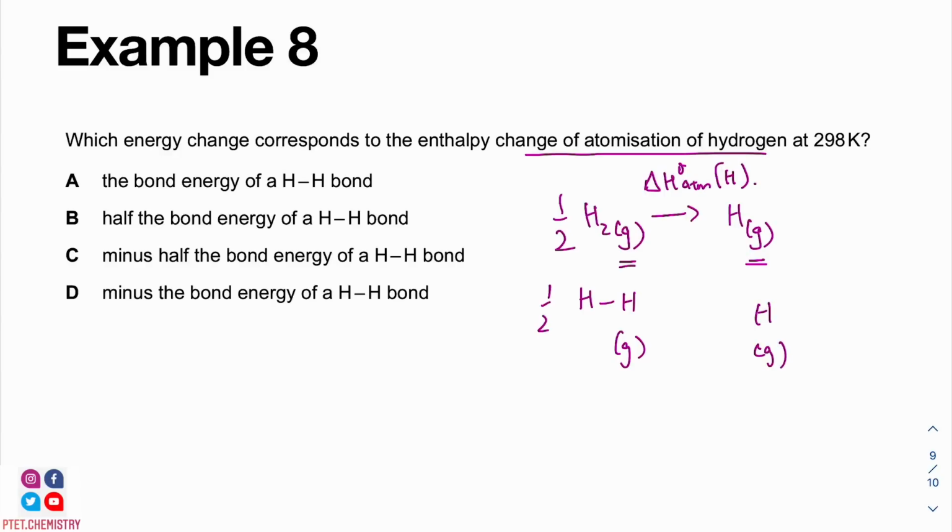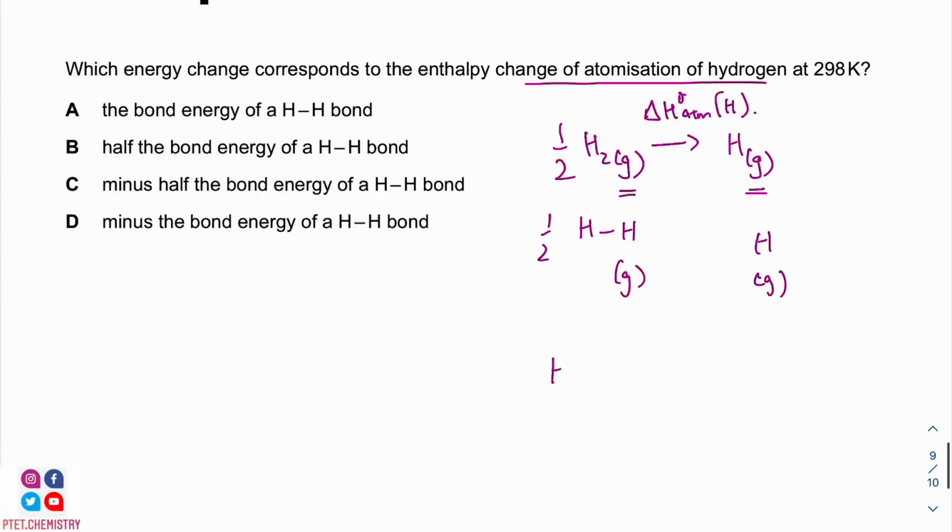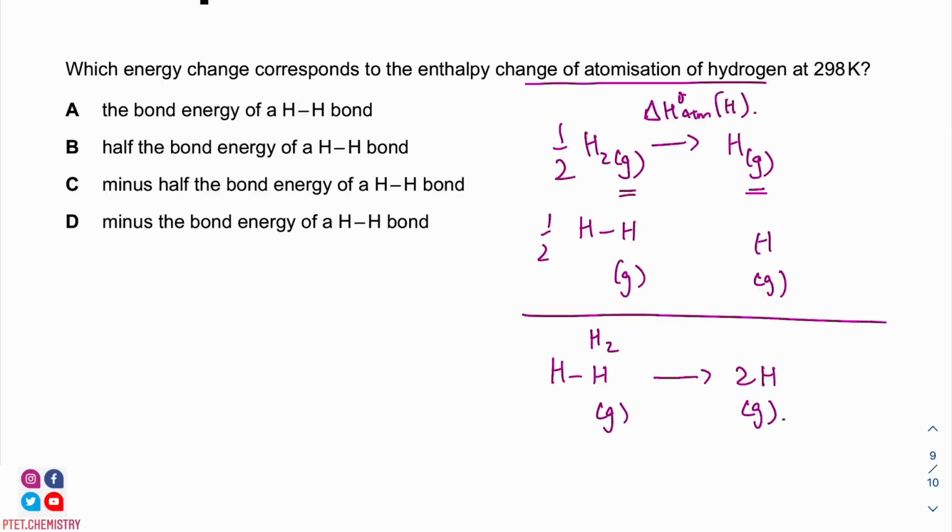Alright? So you also have the idea of bond energy, where you have H2, which is H and H, gas into gas. Bond energy, well, some books will call it bond dissociation energy, or you could just think about it as bond energy. It's the energy required to break, okay? Energy required is always required, okay? You always require energy to break bond.